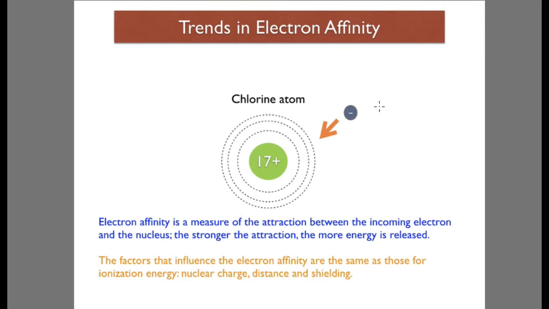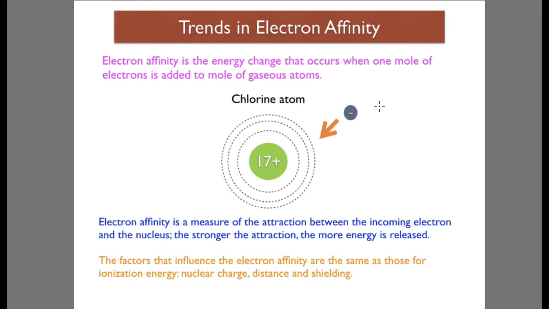The stronger the attraction, the more energy is released. The factors that influence the electron affinity are the same as those for ionization energy. It's just nuclear charge, distance, and shielding. The definition of electron affinity is the energy change that occurs when 1 mole of electrons is added to a mole of gaseous atoms. So it's electrons coming from another source.